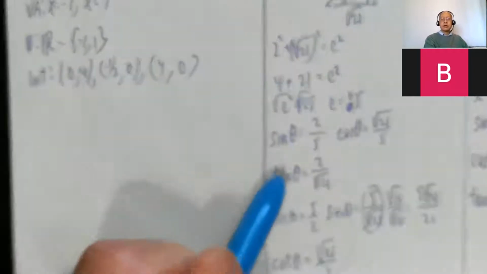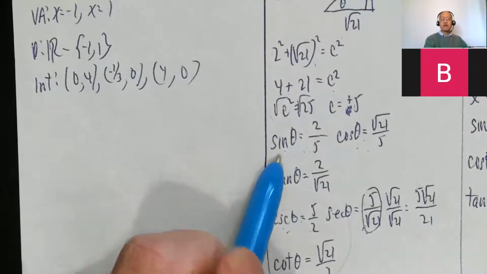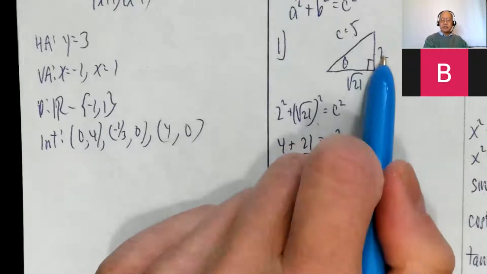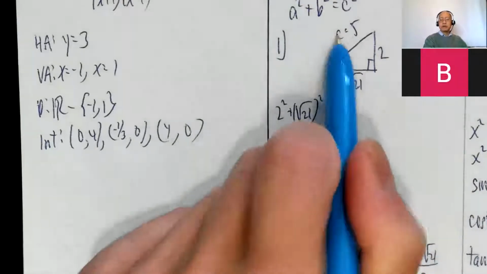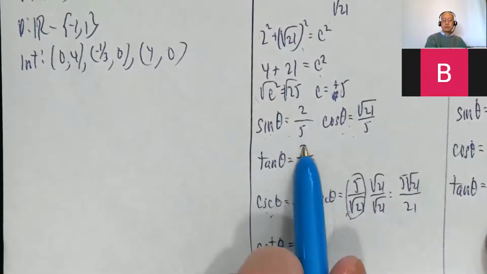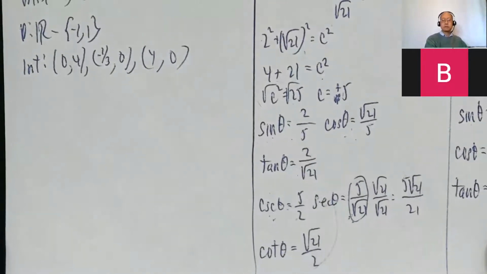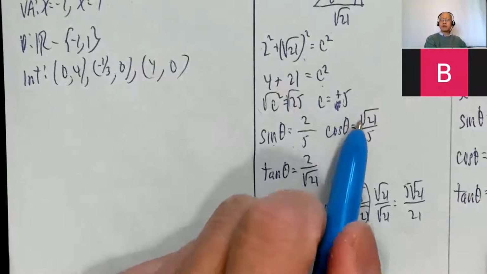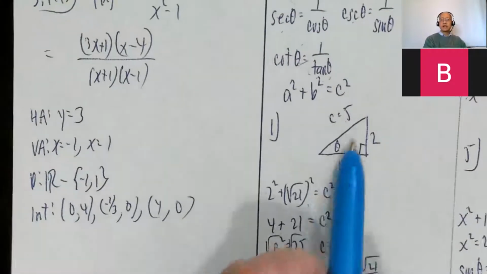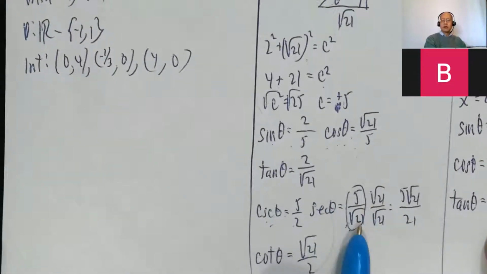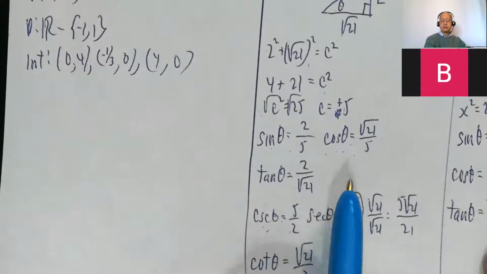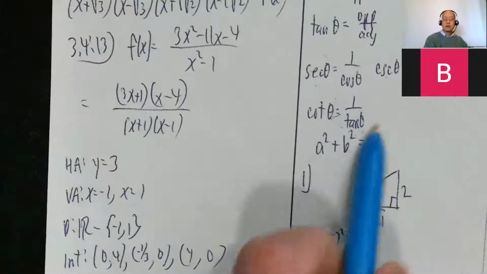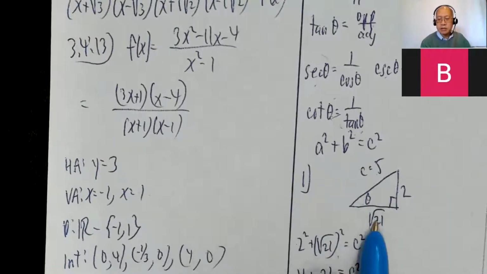Okay, so SOHCAHTOA. Sine of theta is opposite over hypotenuse. So opposite is 2, hypotenuse is 5. So sine of theta is 2/5. Cosine theta: cosine is adjacent over hypotenuse, radical 21 over 5.